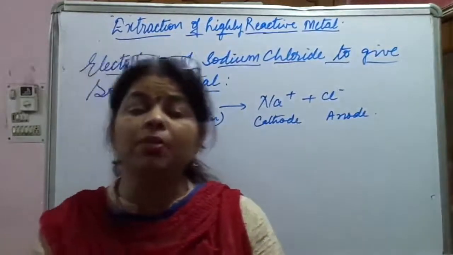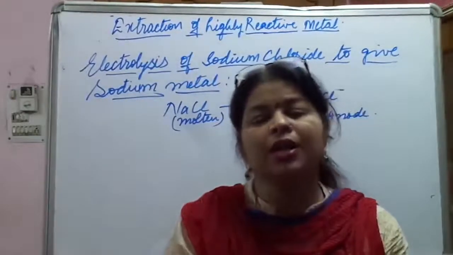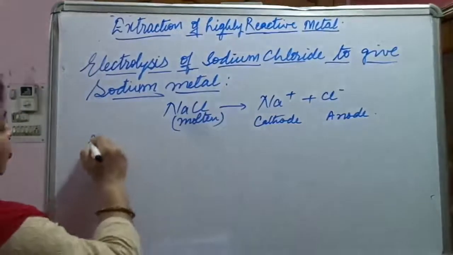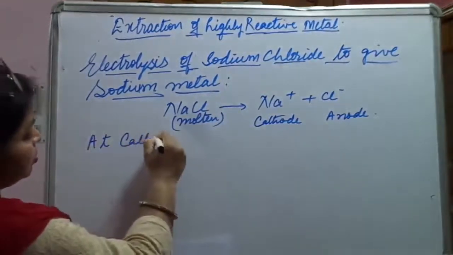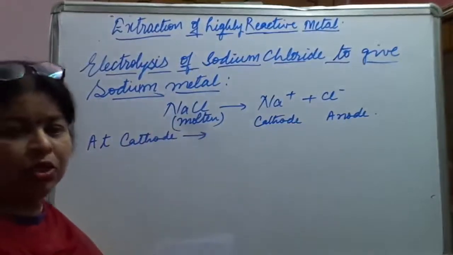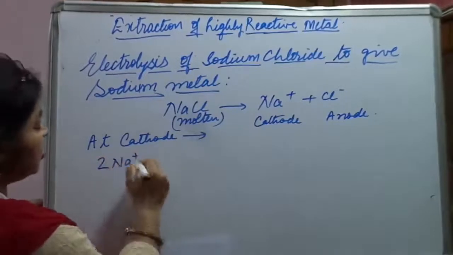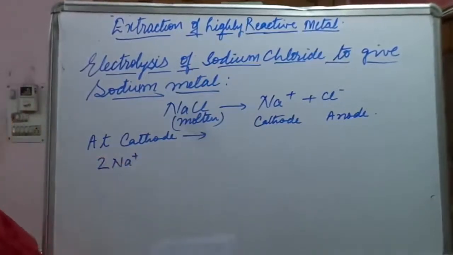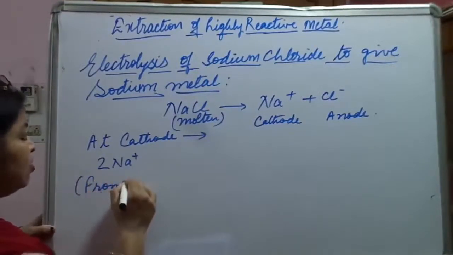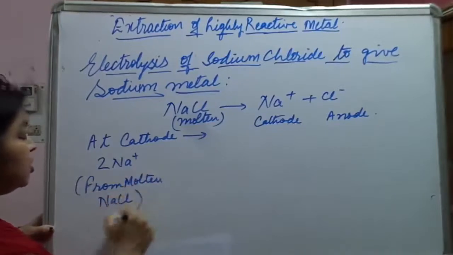So sodium metal thus produced gets deposited at which electrode? On cathode. So how does the reaction take place at cathode? We will write like this: at cathode, 2Na+ from molten NaCl.